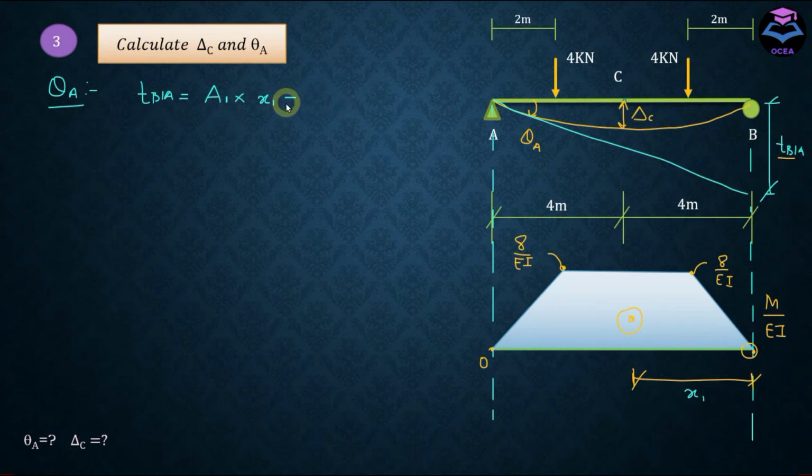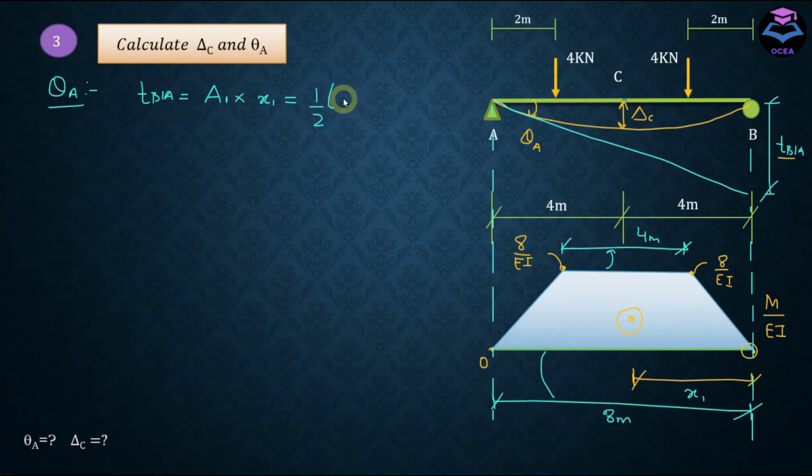and we know that the area of trapezoid is equal to the average of the bases. So there are two bases, the smaller one and this larger one, and this is 4 meter and this larger one is 8 meter. So 4 plus 8 and multiply it with the altitude of the trapezoid.